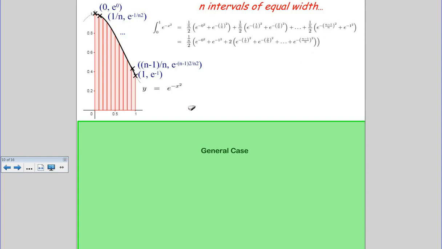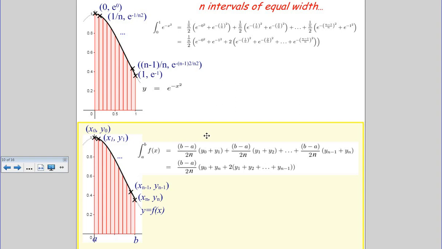Okay, let's see that when we're doing it in the more general case with y as f of x, and our limits are b and a. So to get the width of a single strip, we do b minus a and divide by n, but we need to halve that. So we've got b minus a over n, and then half it is over 2. We will only use our end values once again.